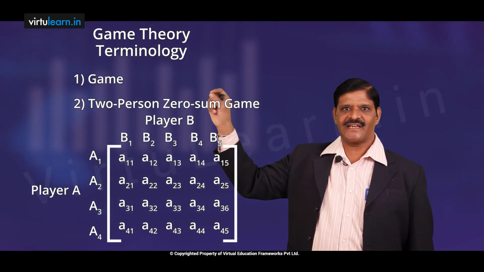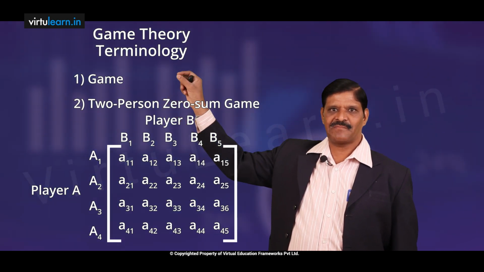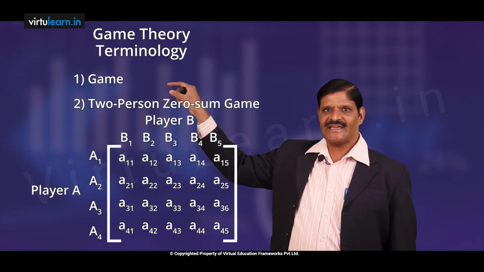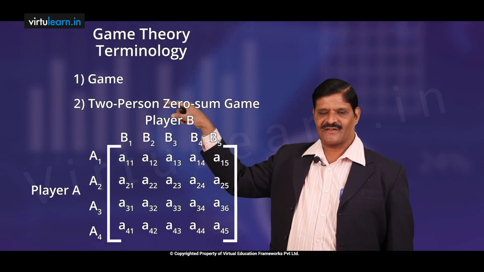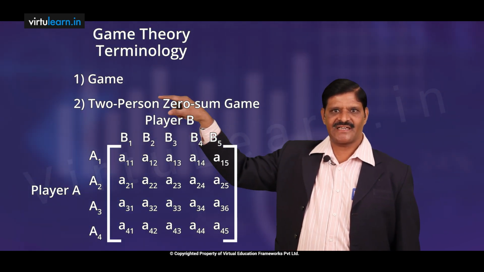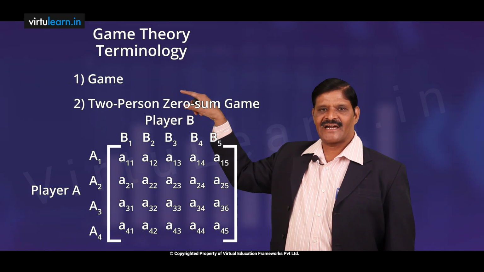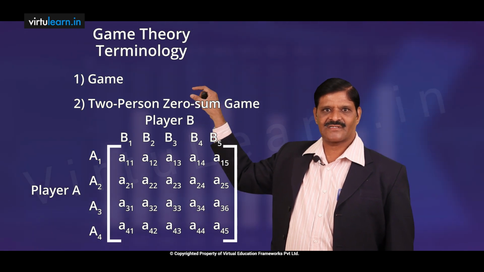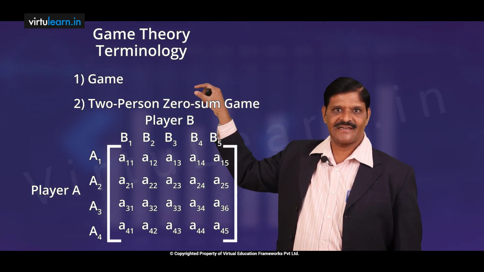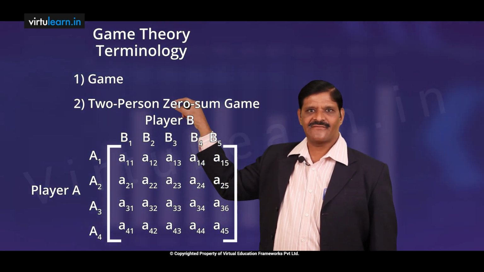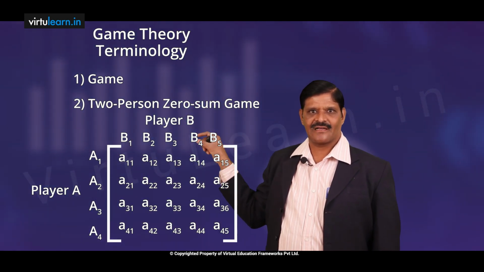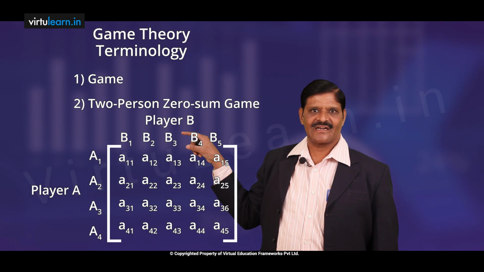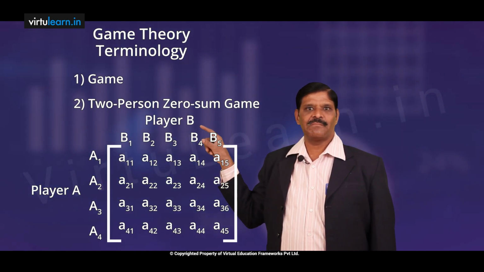If A is playing the A1 strategy and B is playing the B1 strategy, whatever the outcome, the number of points gained by A is given at the intersection of A1 and B1. Similarly, when player A is playing the A1 strategy and player B is playing the B2 strategy, at the intersection we have some value which is a gain to player A, which is an equivalent loss to player B. Likewise, we have elements for all the possible strategies. That forms a matrix or table, which is known as the payoff matrix.